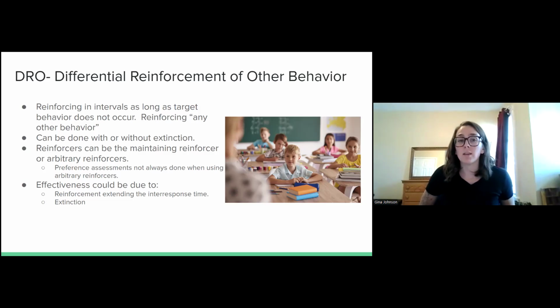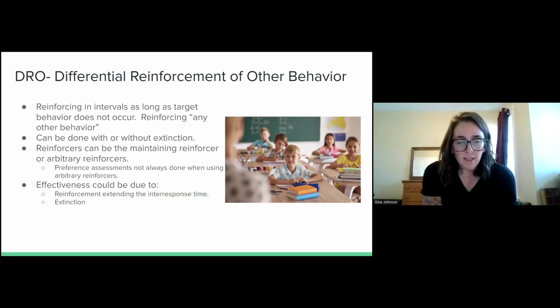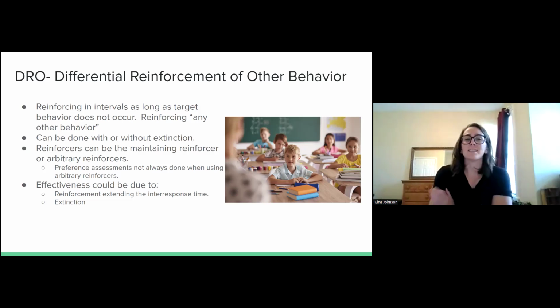And this is really where, in the literature with DRO, the discussion of preference assessment starts to pop up, which is going to be really relevant to us when we look at our research with these treatments. Originally, when all of these reinforcement procedures were developed, preference assessments were not super common.